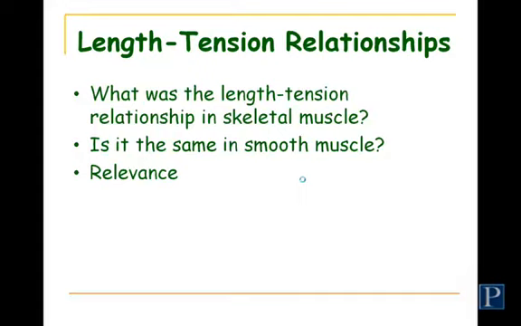If the muscle is too short, too compressed, you're going to get thin filaments extending over the center of the sarcomere, and it can interfere with normal orientation of the thick and thin filaments, which again would decrease tension. But in smooth muscle, it does not exist. You do not have that length-tension relationship as you do in skeletal muscle.